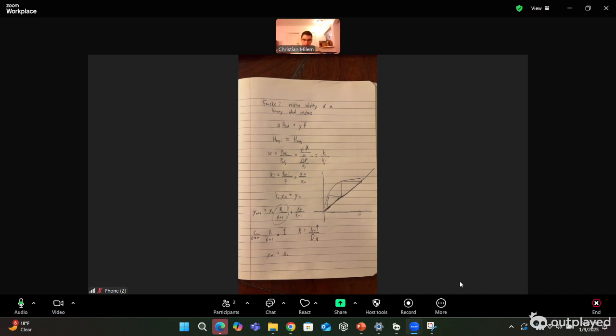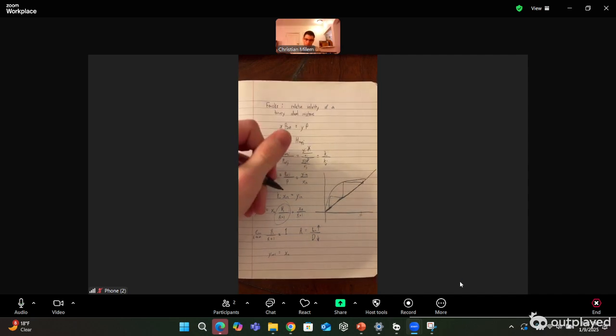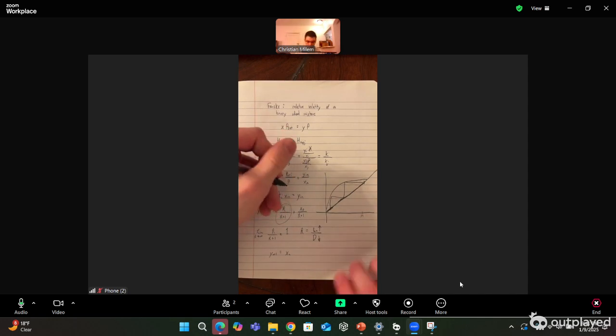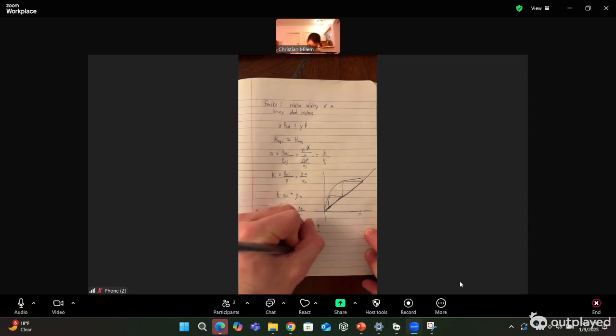Well, what we can do from here is we can take our partition coefficient. And we have the general formula of ki times x at any stage equals y at any stage. Well, what we could do is we could say ki times x of n plus 1 equals y of n plus 1.